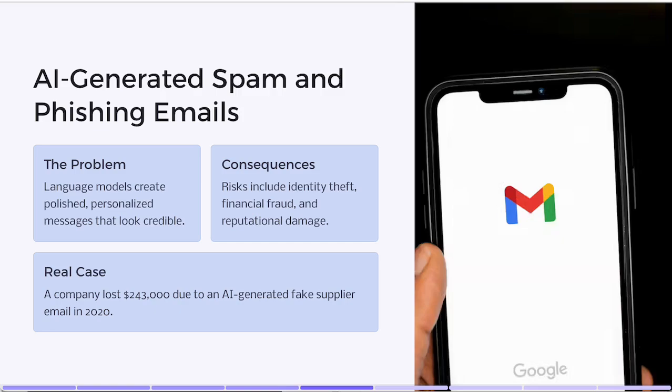Emotionally manipulative language. The model can replicate patterns that provoke fear or urgency, improving the odds of success. A 2023 Symantec report shows that 65% of successful phishing attacks involved personalized or context-aware emails, and advanced language models can automate this at scale.